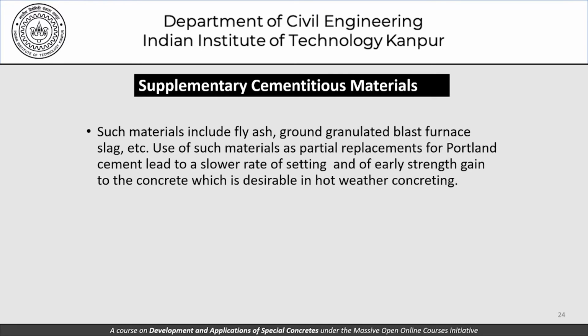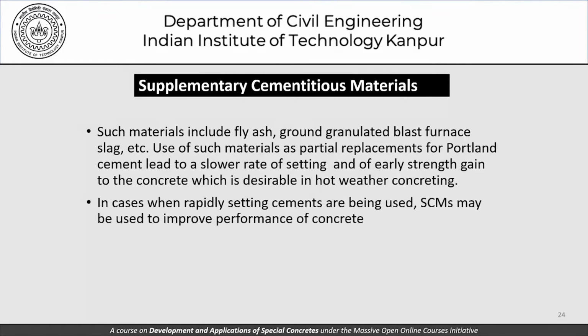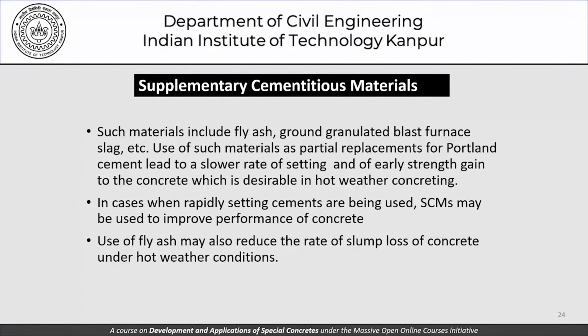In hot weather concreting, we want the heat liberation, rate of setting, and strength gain to be slightly low key in the initial period. And that is accomplished by using supplementary cementitious materials like fly ash or blast furnace slag. In cases when rapidly setting cements are being used, supplementary cementitious materials may be used to improve the performance of concrete. Use of fly ash may also reduce the rate of slump loss in concrete under hot weather conditions.